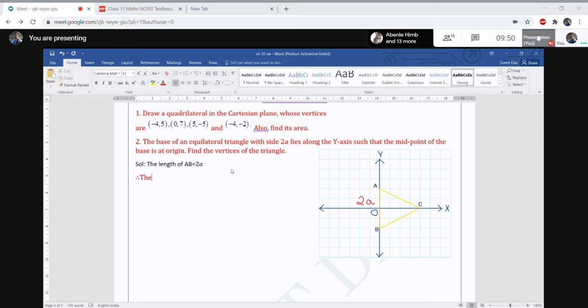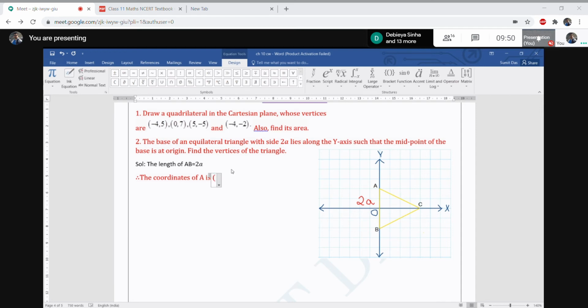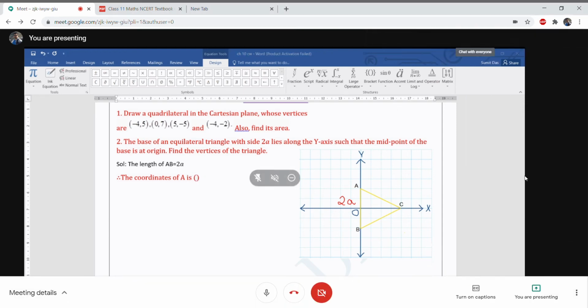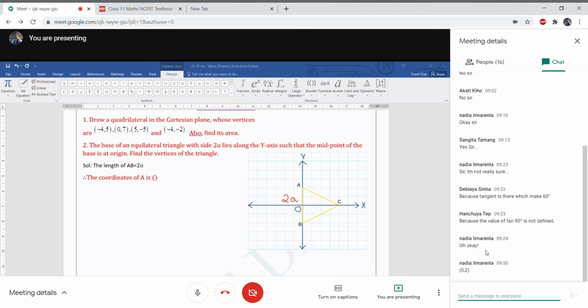The coordinates of A are, let's see, anyone answer? Any answer?